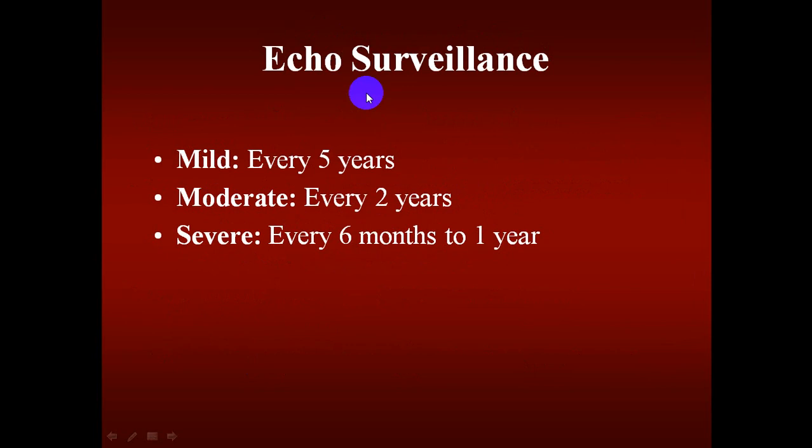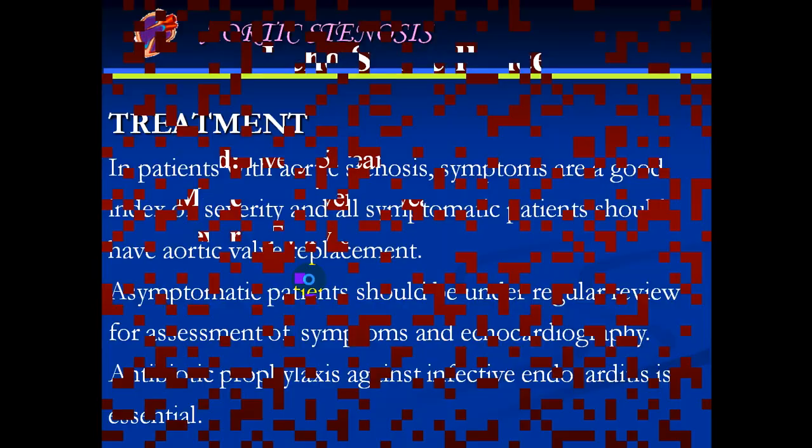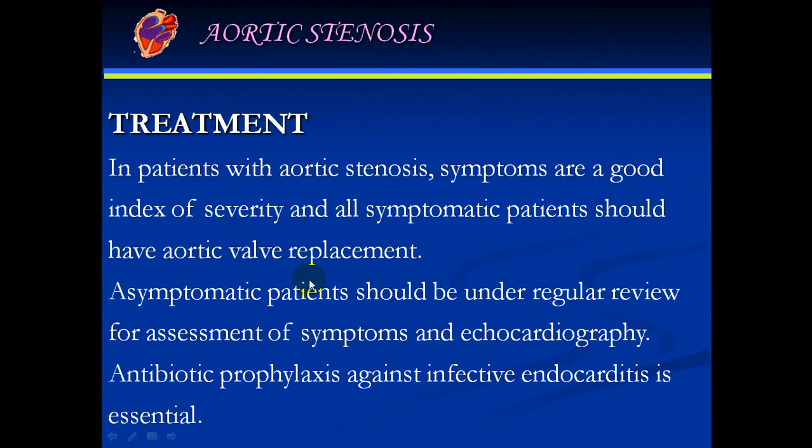Echo surveillance, I mean follow-up, in asymptomatic patients: mild every 5 years, moderate every 2 years, and severe every 6 months. In a patient with aortic stenosis, symptoms are a good index of severity. As we said, without symptoms, patients can go even 30 years.